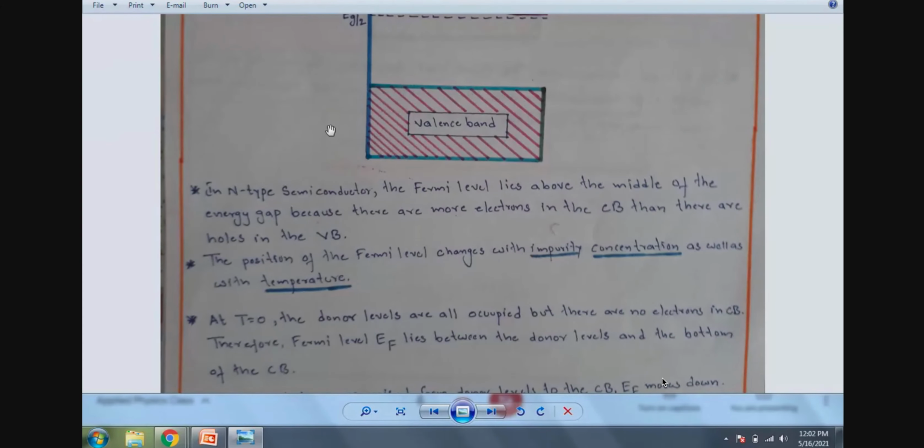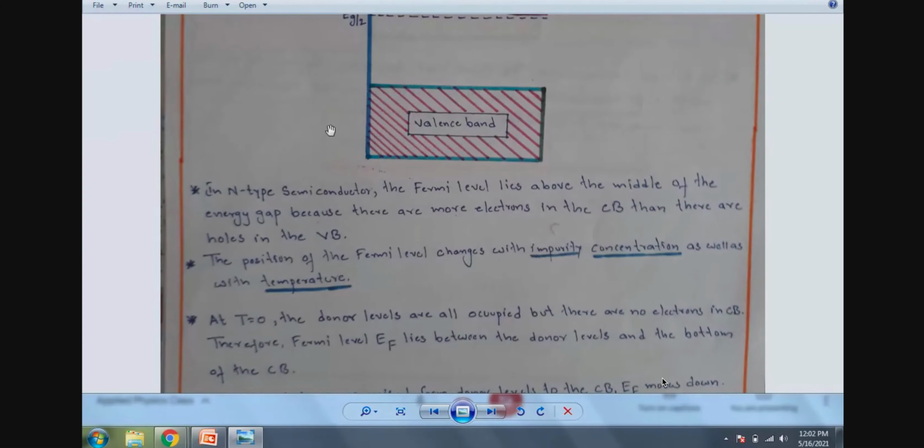In the first case, let us take the concentration of electrons in the conduction band of an n-type semiconductor. Similarly, you can find the concentration of holes in the valence band of a p-type semiconductor. Why? Because in an n-type semiconductor, the majority carriers are electrons, and in a p-type semiconductor, the majority carriers are holes.